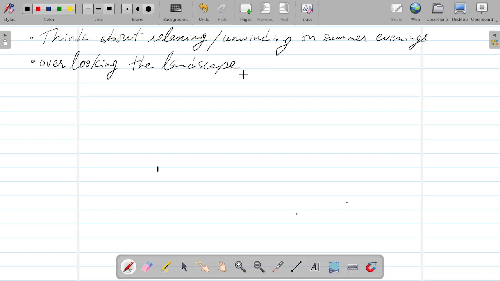Or the forest scenery. I'm sorry, my handwriting isn't the best, but I'm new with this particular pen, so it's adding to, right, the mess.